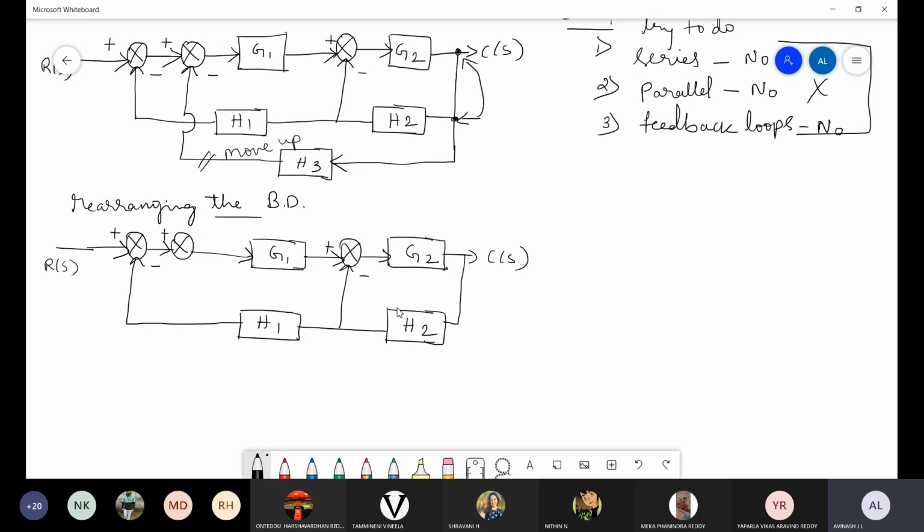We need to give the connection to this particular summing point, so I can move this particular thing up. I'll take this particular block and connect it here. This particular block is called H3. It is coming minus. Clear? Any doubt here? Can we shift this one? All of you agree?